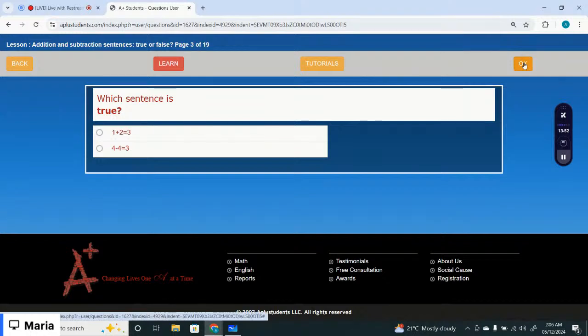Which sentence is true? 1 plus 2 is 3 and 4 minus 4 is 3. So which is the correct option?